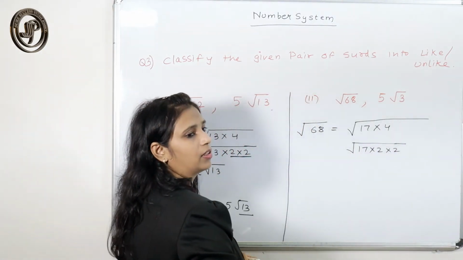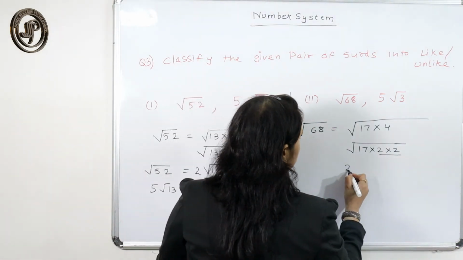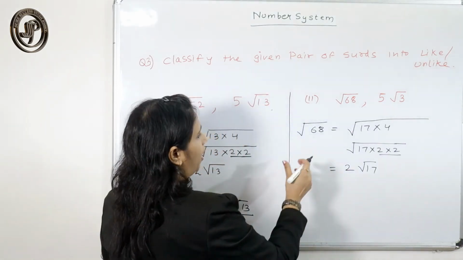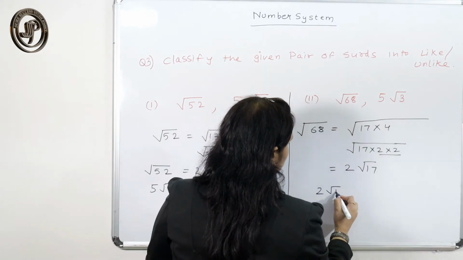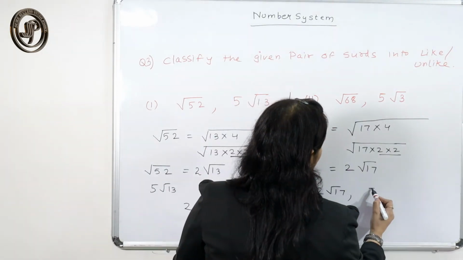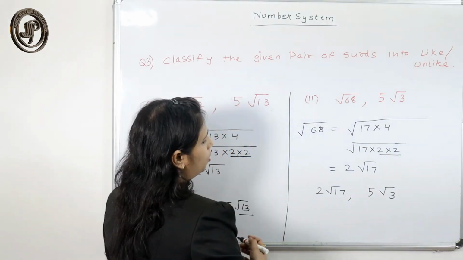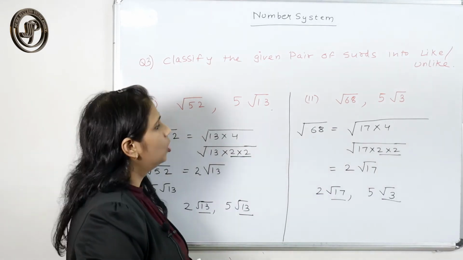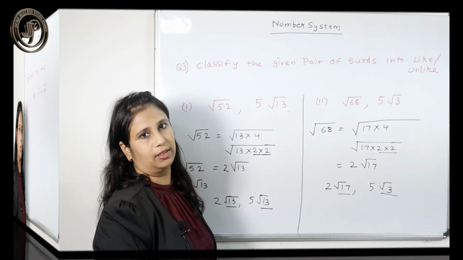Find the prime factors first, then you can take a pair of 2 out, leaving root 17. So root 68 is 2 root 17, and the other is 5 root 3. Now you can say these are unlike surds.